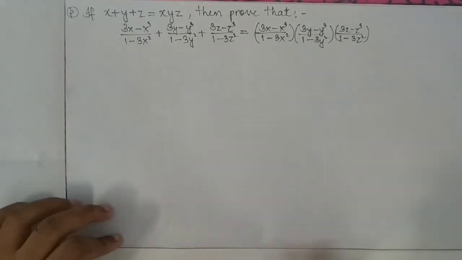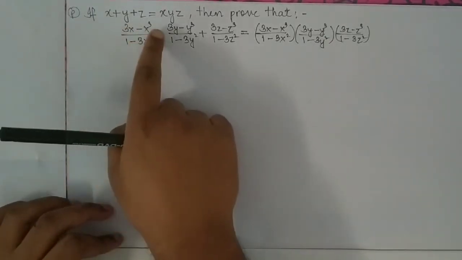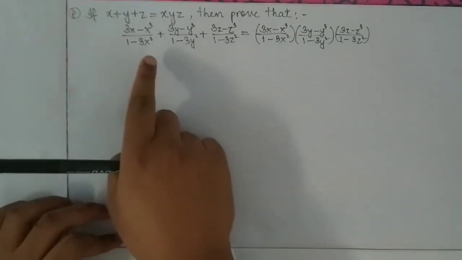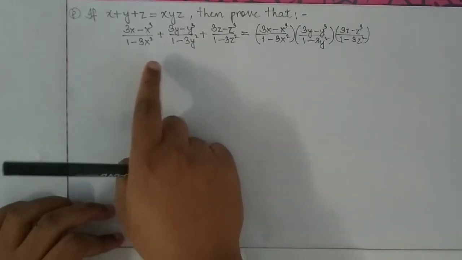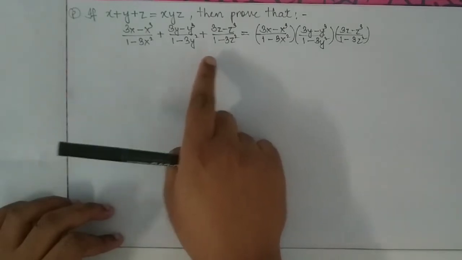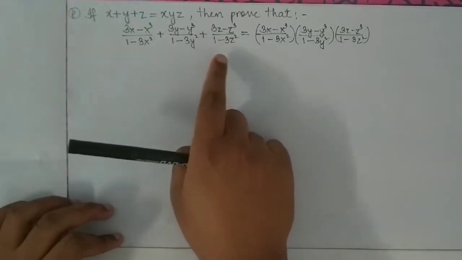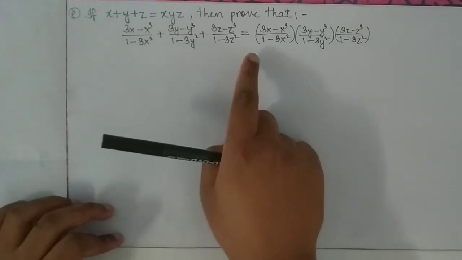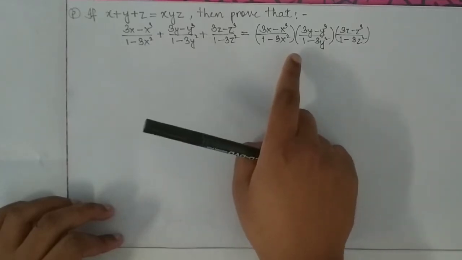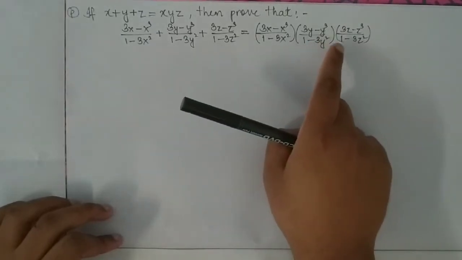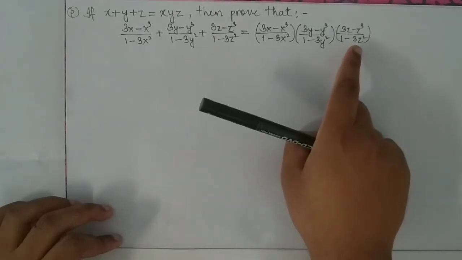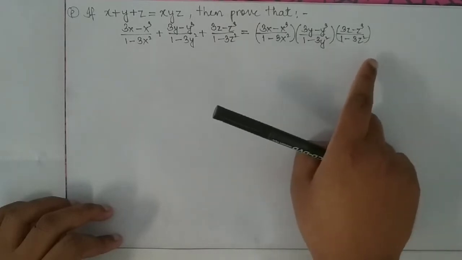The sum says if x plus y plus z is equal to xyz, then prove that (3x minus x cube) divided by (1 minus 3x square) plus (3y minus y cube) divided by (1 minus 3y square) plus (3z minus z cube) divided by (1 minus 3z square) is equal to (3x minus x cube) divided by (1 minus 3x square) into (3y minus y cube) divided by (1 minus 3y square) into (3z minus z cube) divided by (1 minus 3z square).